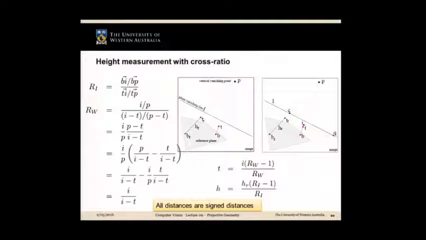The next line is just another representation of the same expression, where you split them into two different parts. Then you solve these equations, and in the end you get I divided by (I minus T). If you reshuffle these values for T, that gives you I times (Rw minus 1) divided by Rw. Now, what is T?